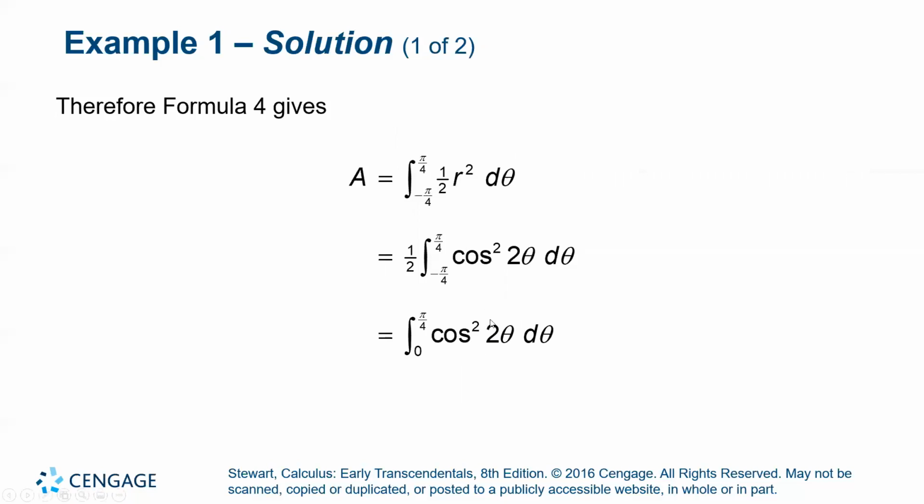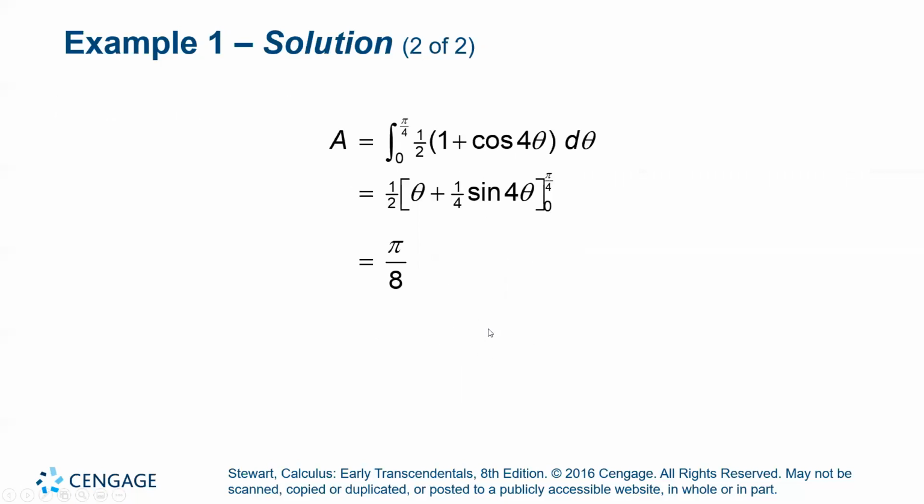Well, we already started with 2 theta, so when we use the formula, it becomes 4 theta. We've doubled it. And then the 1/2 is from the double angle formula as well: 1/2 times 1 plus cosine 4 theta.